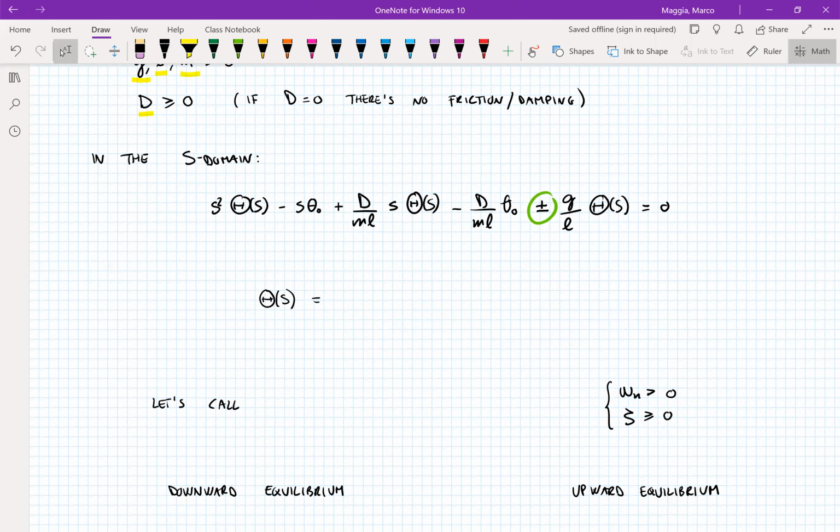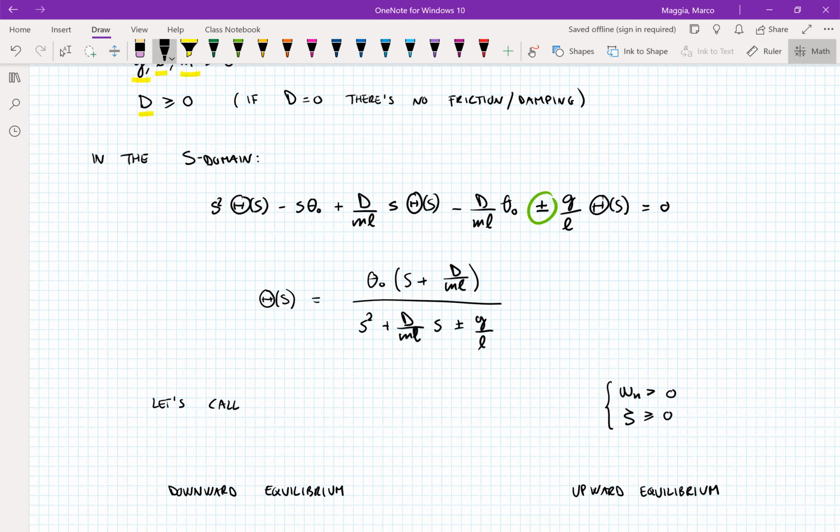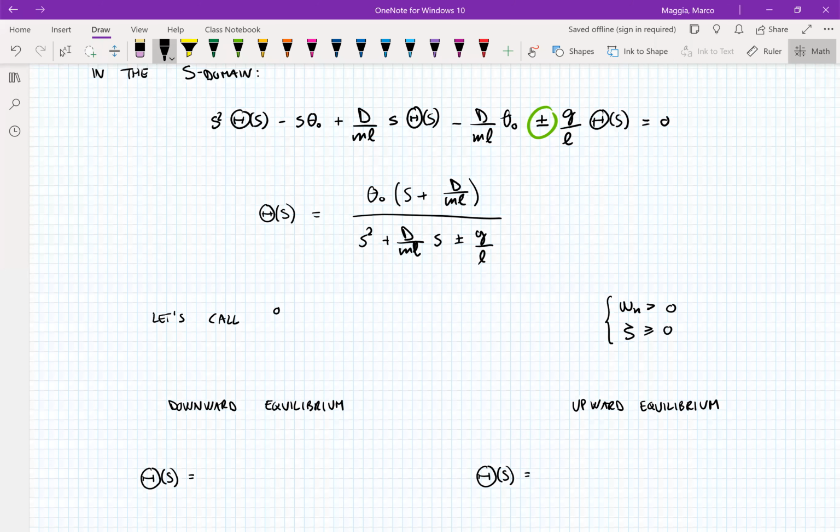So how do we find the solution? We simply have to make theta of s explicit. And so in this case, we have theta 0 times s plus d over ml over s squared plus d over ml s plus or minus g over L. Now, in order to use symbols that are familiar, we can call g over L omega n squared.